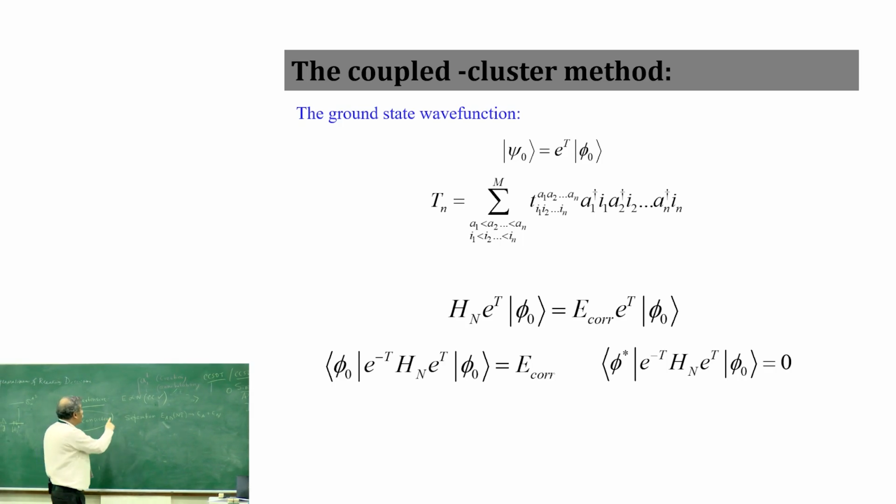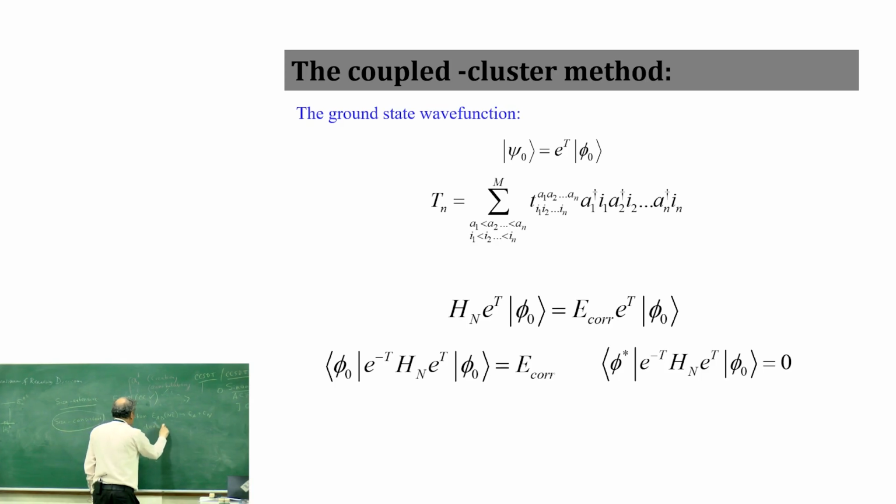For example, when you do coupled cluster with Hartree-Fock, if Hartree-Fock does not separate, if the reference does not separate, then even if you use coupled cluster, the separation is not guaranteed. Then CC will not be size consistent, though CC is size extensive.